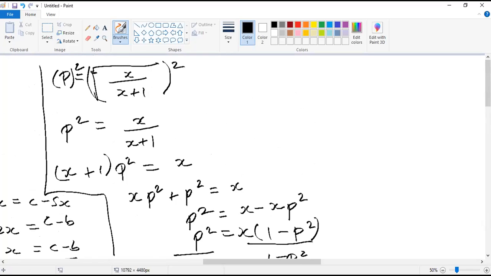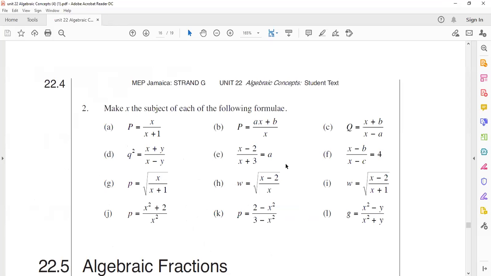So I'm going to give you some more to do now that involve some square roots and see how you deal with them. Let me share the screen. All right, so tell me when you see the questions. Yes, sir, I'm seeing them.